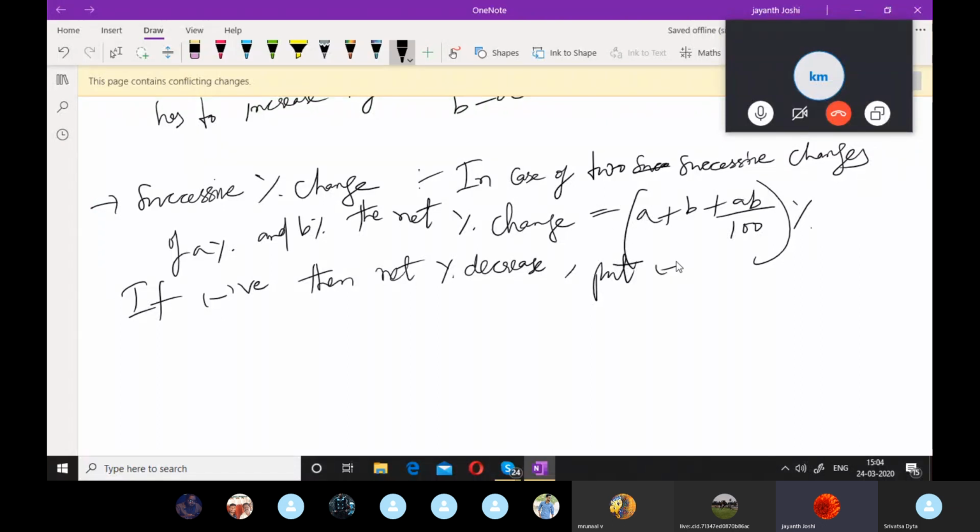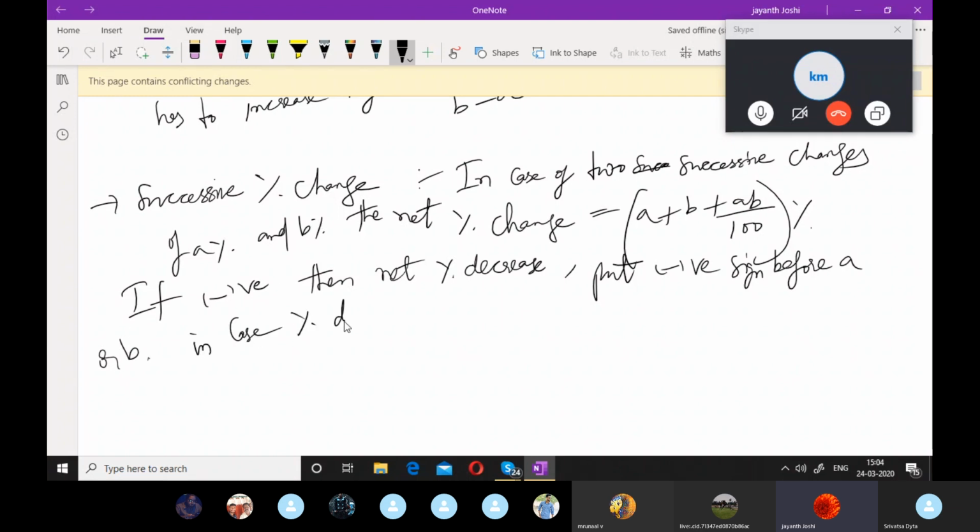Put a negative sign before A or B in case of percentage decrease. So this is the formula.